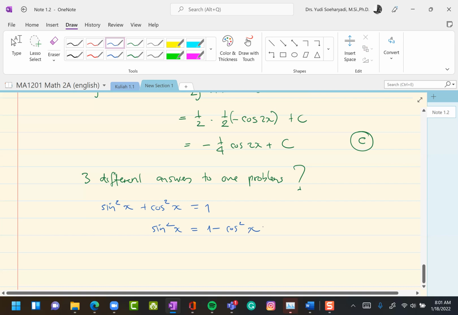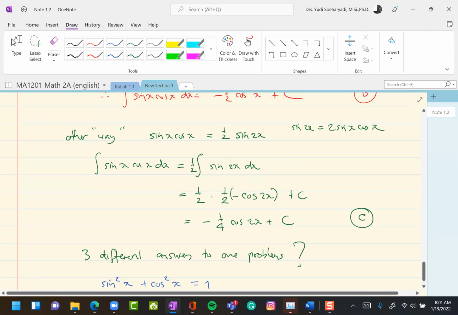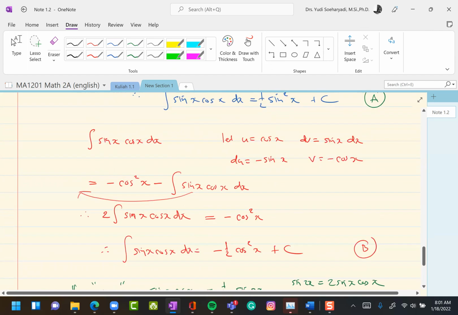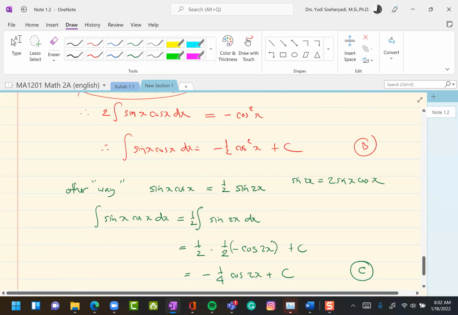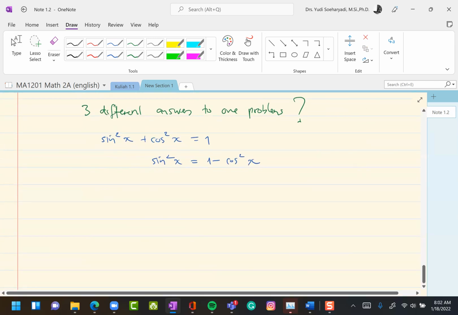If you replace this sine square by cosine square, this is 1/2 times 1 minus cosine square. So from A, that equals 1/2.